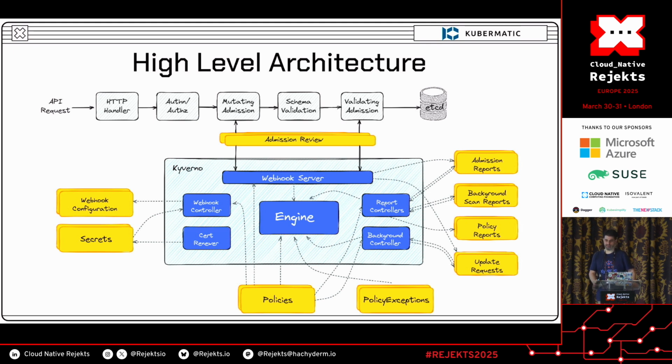Another thing, as you can imagine from this whole flow, is that Kyverno and all those webhooks are triggered when there's a new request. So if you have already deployed some stuff on the cluster, it will continue running. It might be reported by those background scan reports and the others, but Kyverno will not take a corrective action to change those.